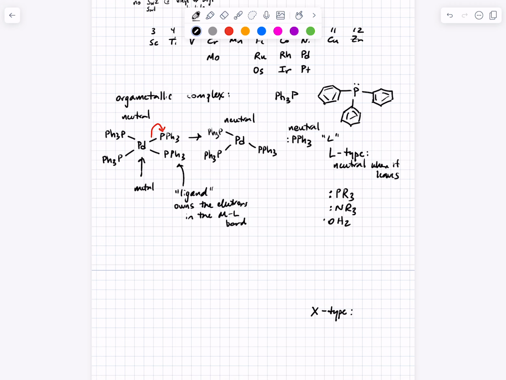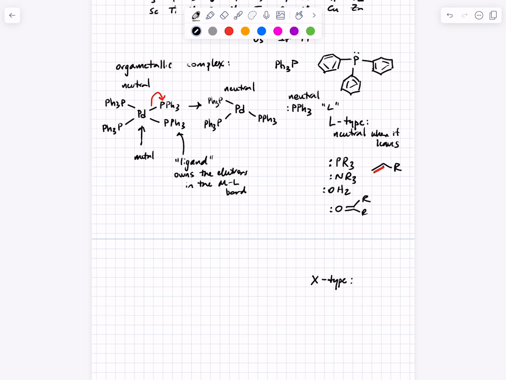Water can be a neutral ligand. Carbonyl lone pairs can be a neutral type of ligand. Also, pi bonds can be a neutral ligand, though how you draw the metal-ligand bond when it's the pi electrons interacting with the metal is a little bit challenging. But anything that can leave as a neutral group from the metal is an L-type ligand.